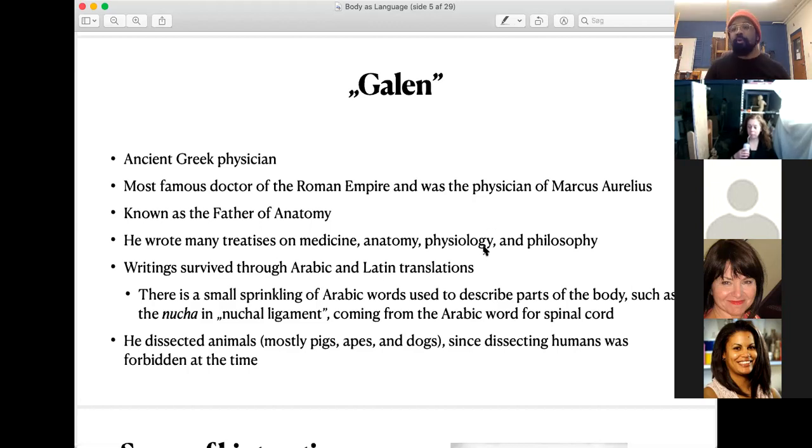One thing to note about Galen, though, is that because he was in the Roman Empire, it was very shunned upon and illegal to dissect the human body. So all of his writings, really, were about pigs or dogs or apes.